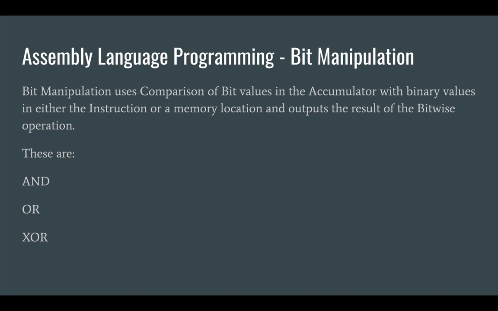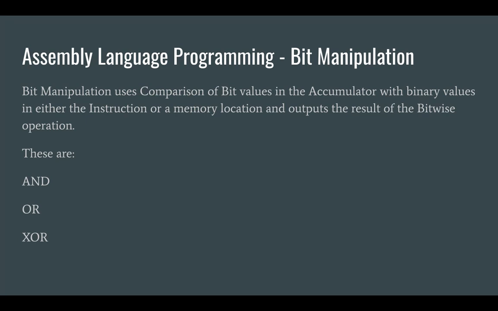Now these are the same as the logic gates, in as much as if, for example, in the position of the least significant bit, you have a one in that position in the accumulator and a one in that position in the comparison bit values, so in the memory location or in the instruction as the operand, if they are both one, the result is a one.